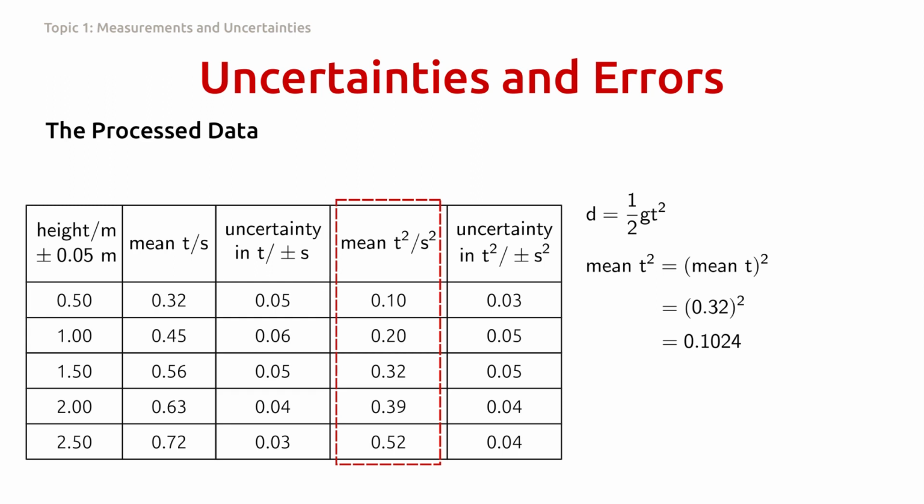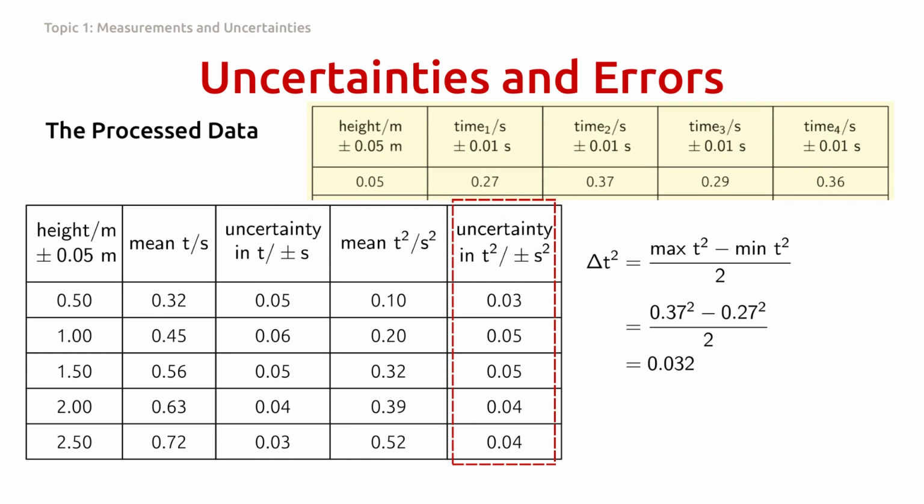The result is 0.1024. But remember, when you square a number, you multiply a number by itself, and using the concept of significant figures, the result should be written in two significant figures. So in two significant figures, this number is written as mean t-squared equals 0.10.